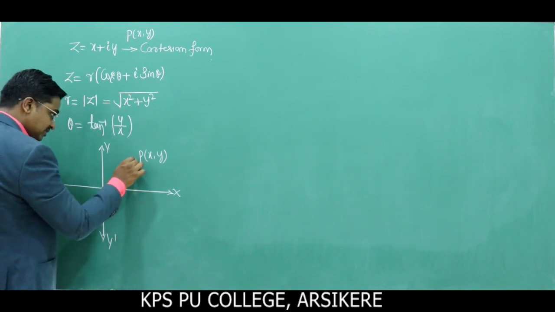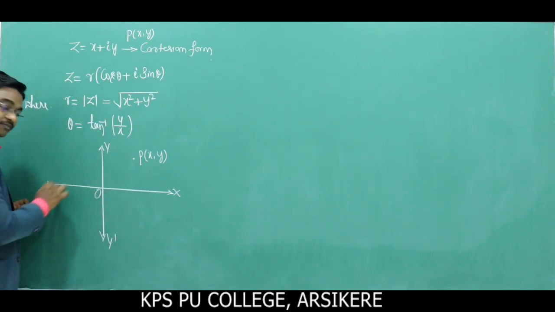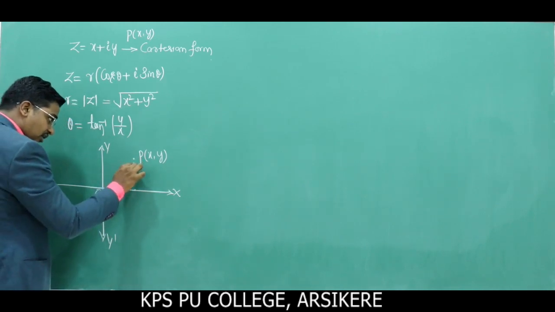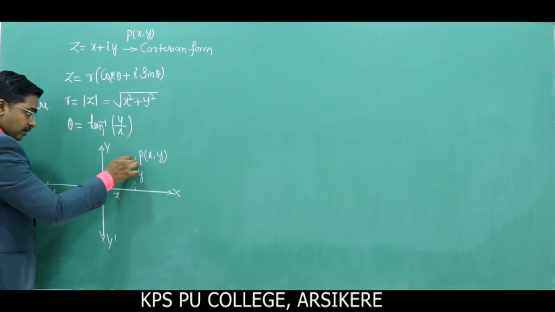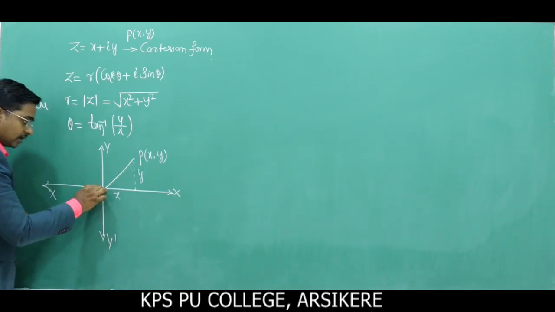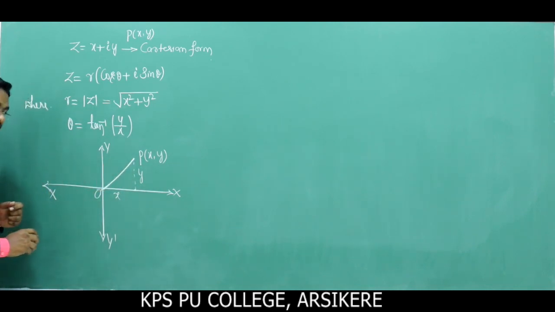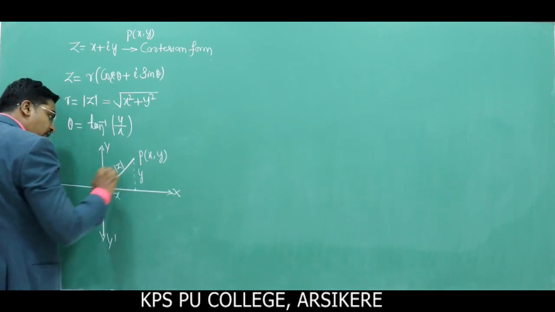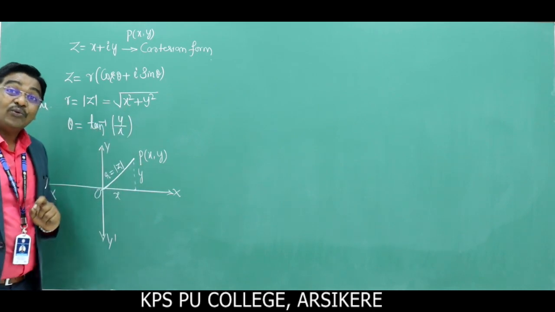To reach this point P of x comma y, we start at the origin, move x units towards the x axis and y units parallel to the y axis. Then the distance OP, the distance from O to P, we call the modulus of z. This is denoted by r is equal to mod of z, and we have the expression root of x square plus y square.